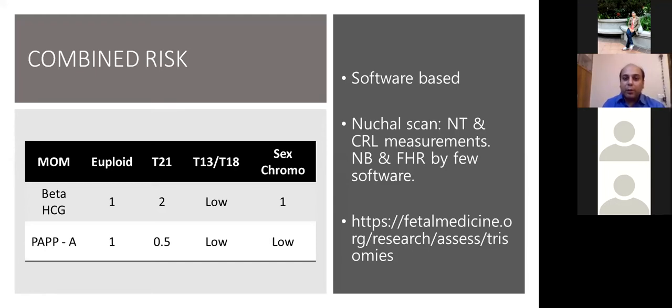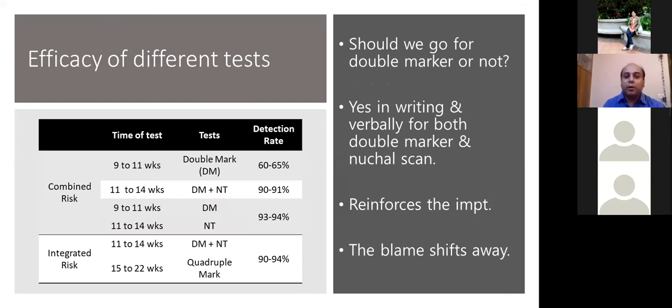Now I will digress a little bit for one common situation which we all face. Patients often ask after the nuchal scan, doctor sahab, is the double marker very important to be done, because it costs around 2,500, a little pricey. My advice is that we must very sincerely say yes to it, and we should also write it in the early obs scan that double marker and nuchal scan are to be done between 11 to 14 weeks, because it is a very important scan.